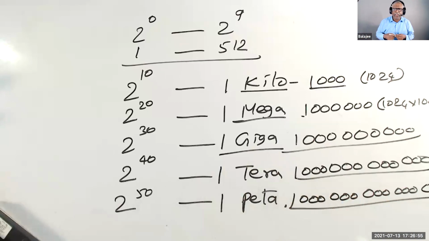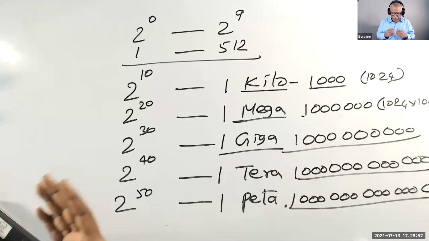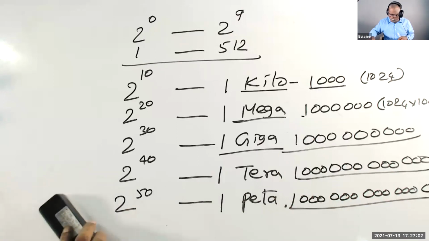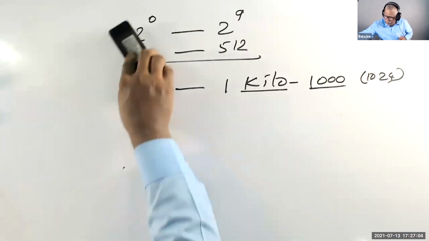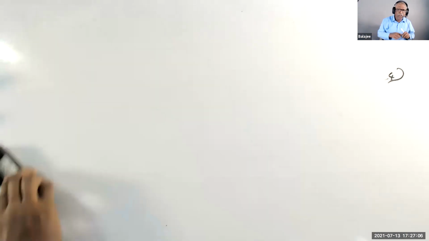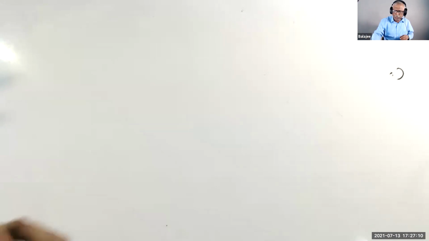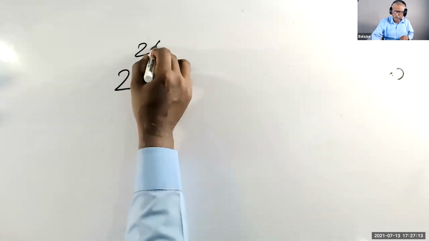But what I am going to explain now is slightly different. That's a trick. What I'm going to explain is not only this. If I ask you, 2 power 24 is equal to how much?